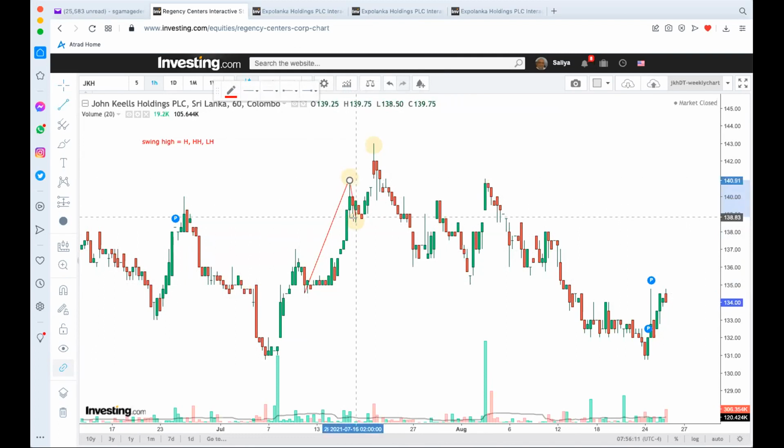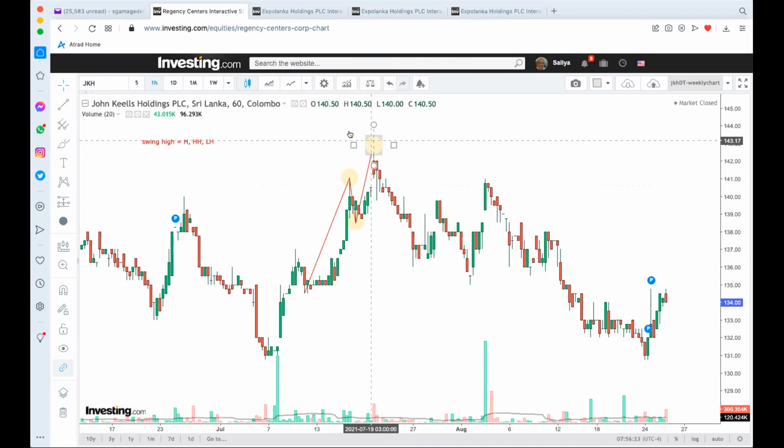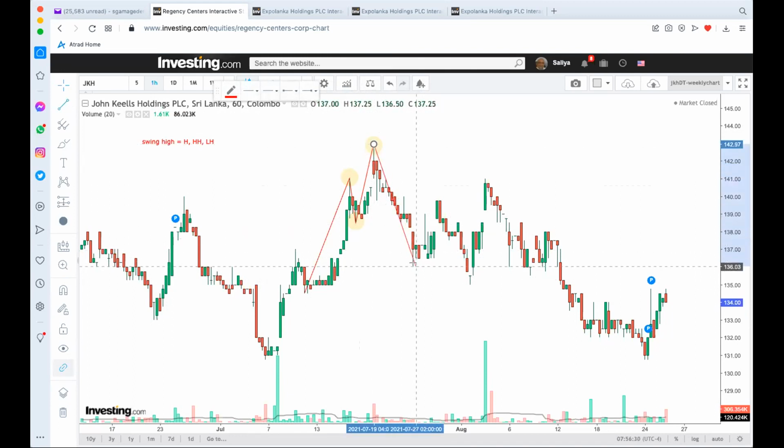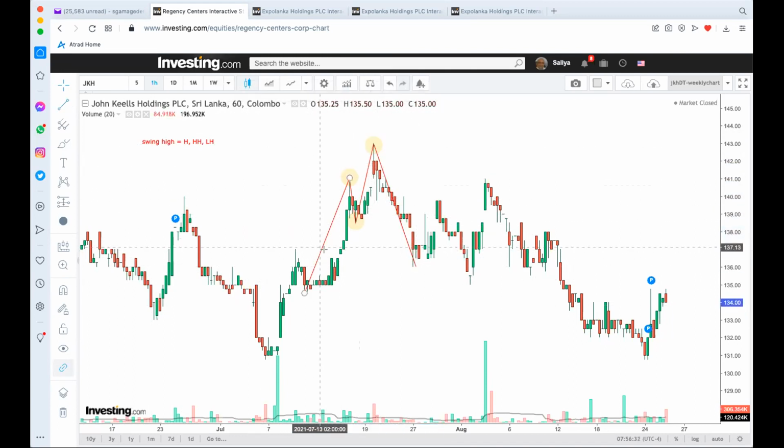Now from here to this. Then you have another wave from this low to this high. Then from here you can draw up to here, right? So this is the double top formation.